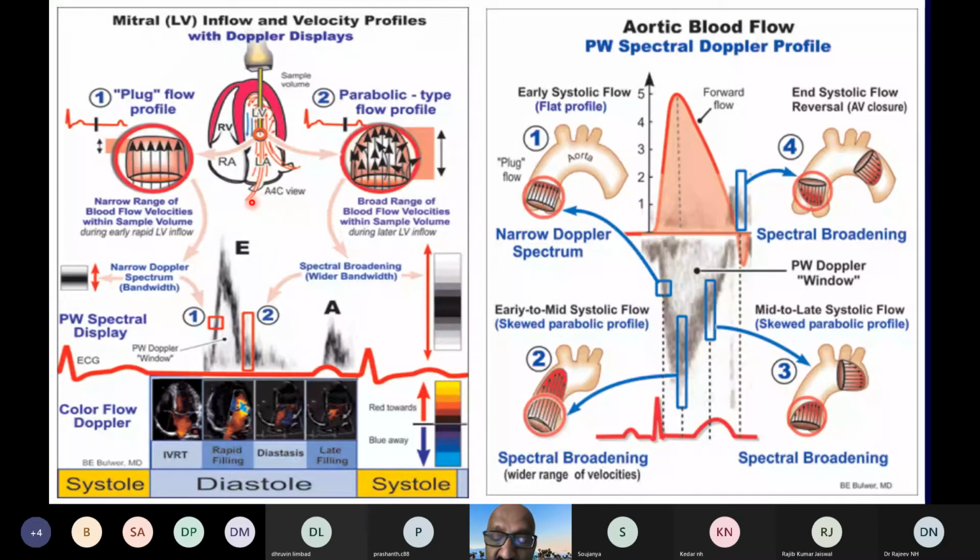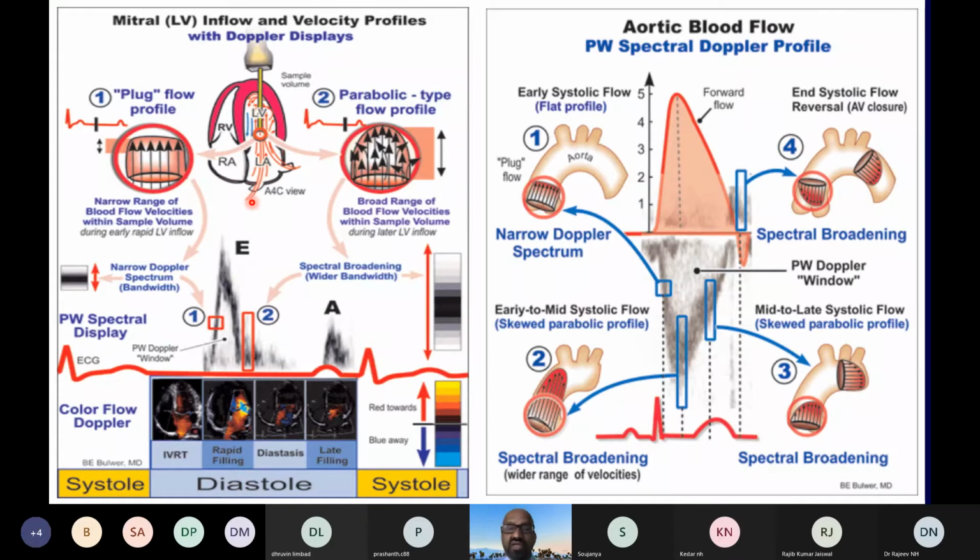So the pulse wave Doppler is useful to determine the velocity and the direction of blood flow when the velocities are low, that is less than 2 meters per second. But when the velocity is high, especially in stenotic lesions, you have to use continuous wave Doppler, because if you use pulse wave Doppler, there will be aliasing and there will be misrepresentation of the flow.